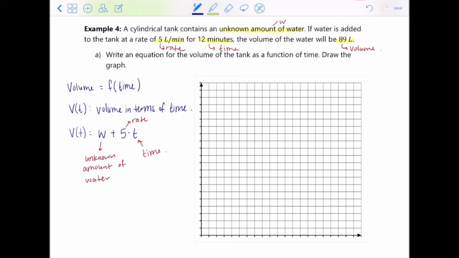So this volume, 89 liters, this is the volume at time 12 minutes. So V of 12, which in this case is given as 89 liters, equals W plus 5 times t, which is 12, just like that. So we know that W plus 60 equals 89.